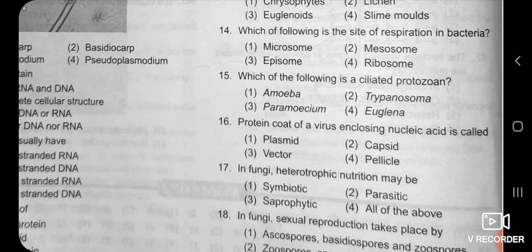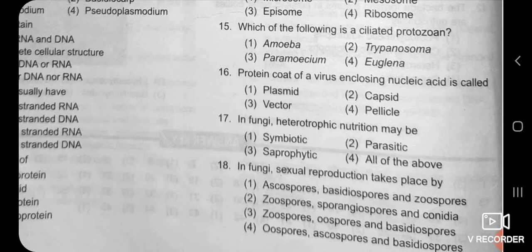In detail, we have seen it in the structure in the cell unit of life. Mesosome is the structure which is a modification of the plasma membrane of the bacteria, and this mesosome is the site of respiration in the bacteria. So the correct answer is the second one, mesosome.